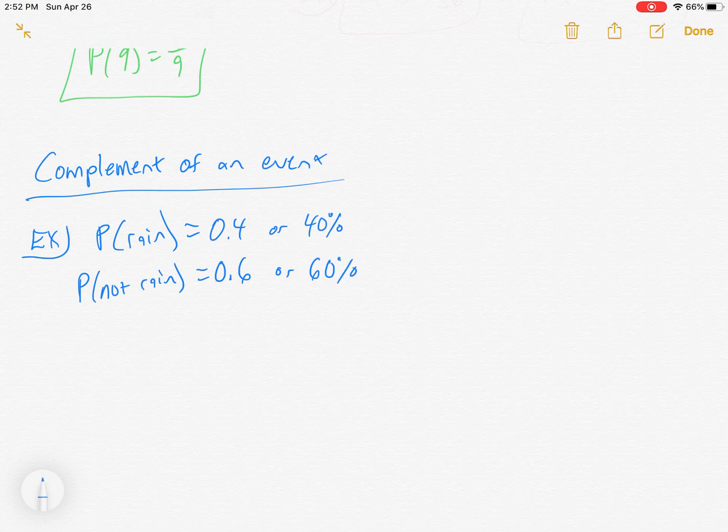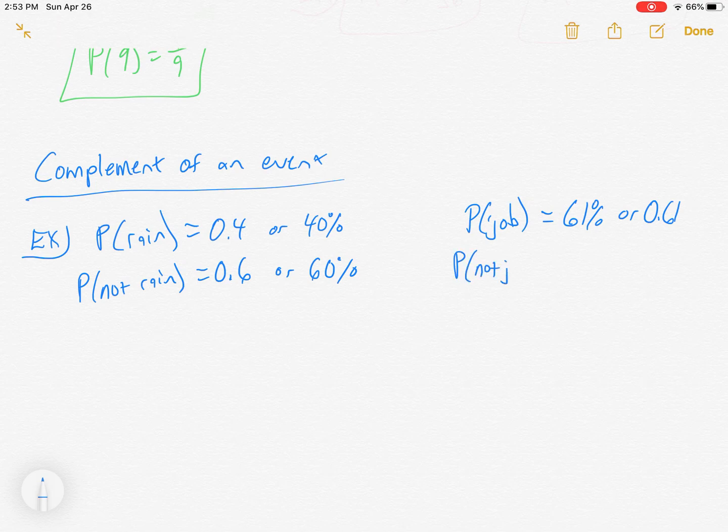Probability of rain, let's say a weatherman says 40%. Then the probability of it not raining would be 60%. Because it's going to rain, or it's not going to rain.